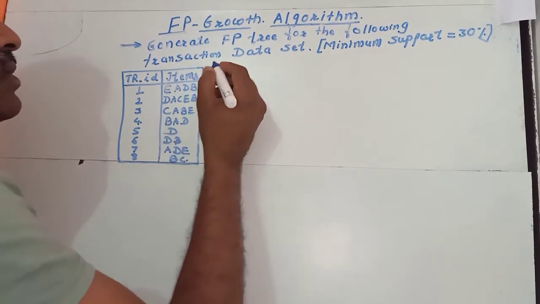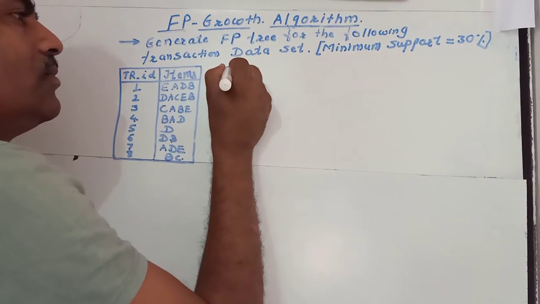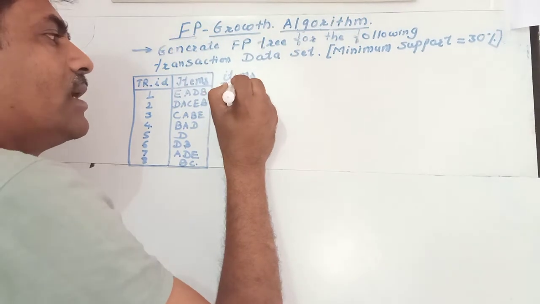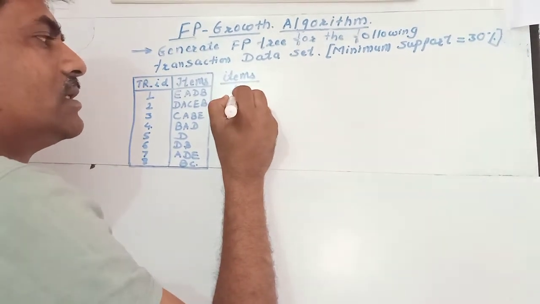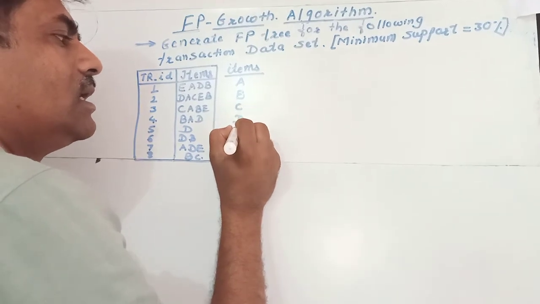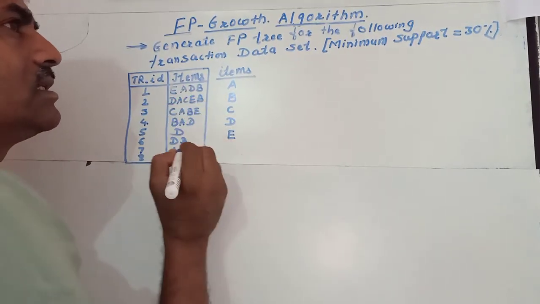So just list out the items present in the transaction data set: A, B, C, D and E, these are the 5 items.